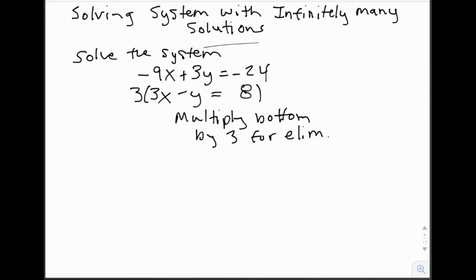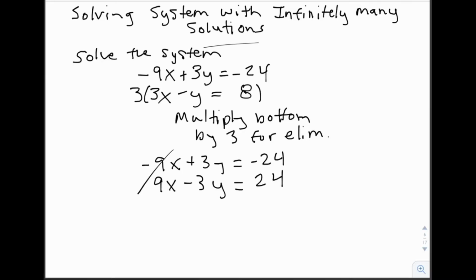So the 9x will cancel out with a -9x, and we will be left with the remainder of our y's and our constants. Let's go ahead and multiply that out. I'm going to rewrite the top original, and then the bottom will now be equal to 9x minus 3y, which is equal to +24.